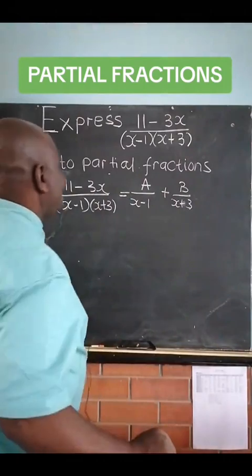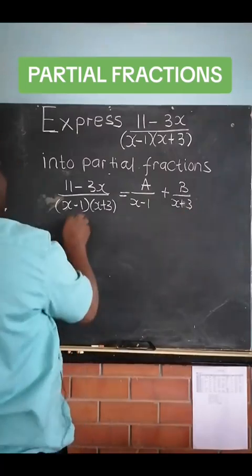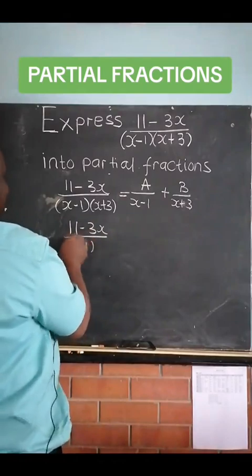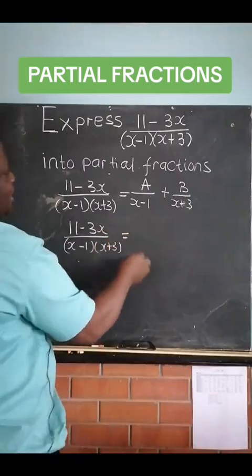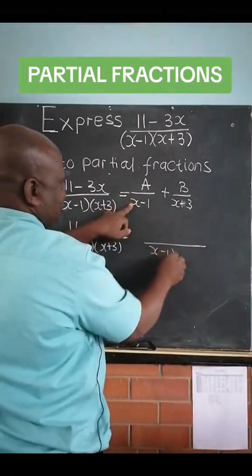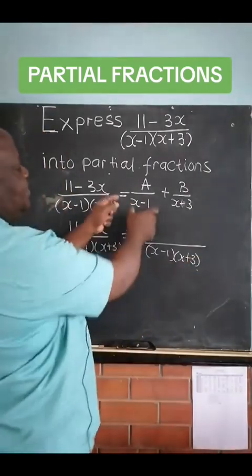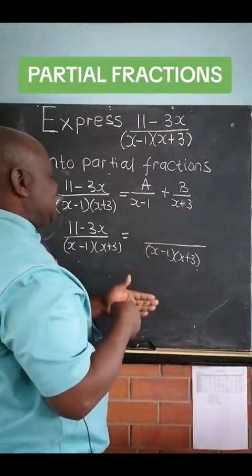So let us simplify the right-hand side. This one, I'm going to maintain it as it is: x plus 3 is equal to. Here, the LCD of the fraction is (x minus 1)(x plus 3). This is the lowest common denominator, which is just a product of the two factors there.